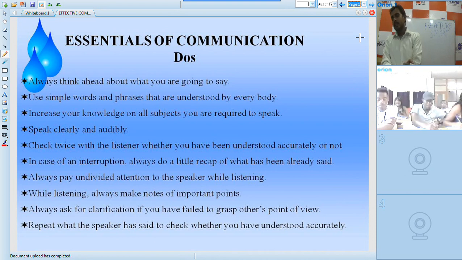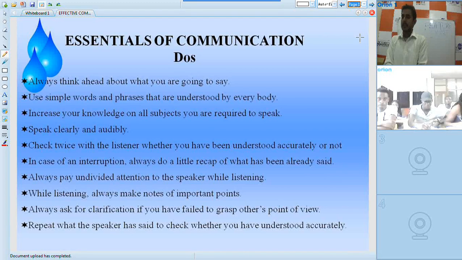The attention towards the speaker is very important, as we discussed that your attention determines the knowledge you are gaining. How much attention you give towards the class and the speaker, the outcome shows in yourself. Because you only analyze yourself what you have gained from the speaker or the lecturer.